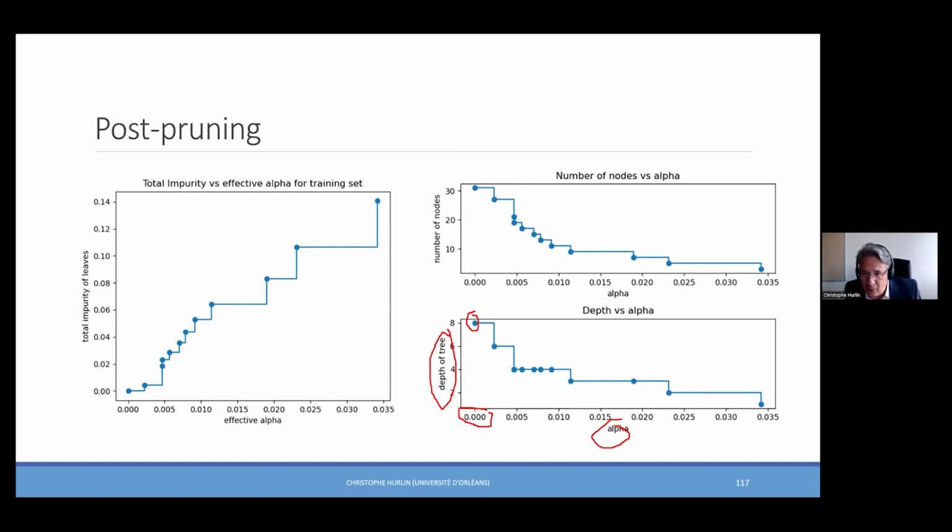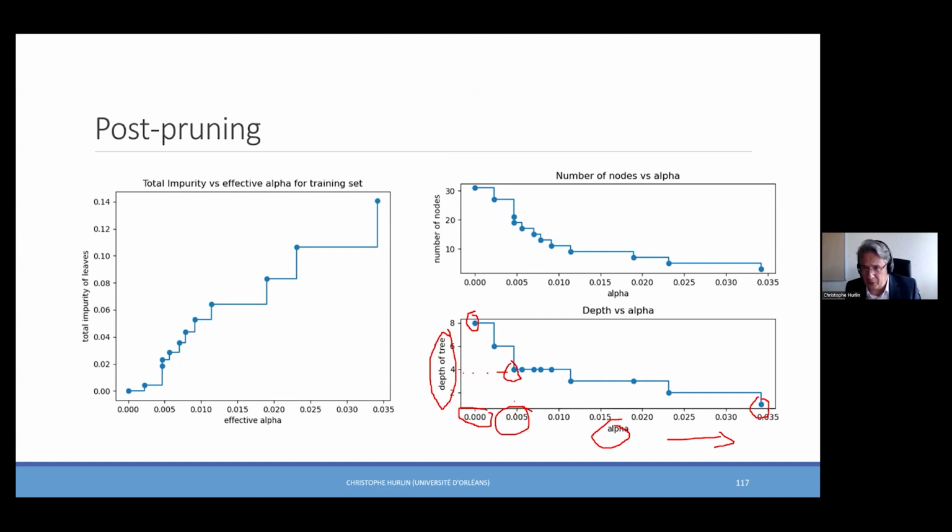If I fix alpha at 0.05, for instance, the optimal model has a depth equal to 4, because some parts of the initial tree have been removed, and then we increase the cost complexity criteria. And the more I increase alpha, the smaller the depth of the optimal tree.